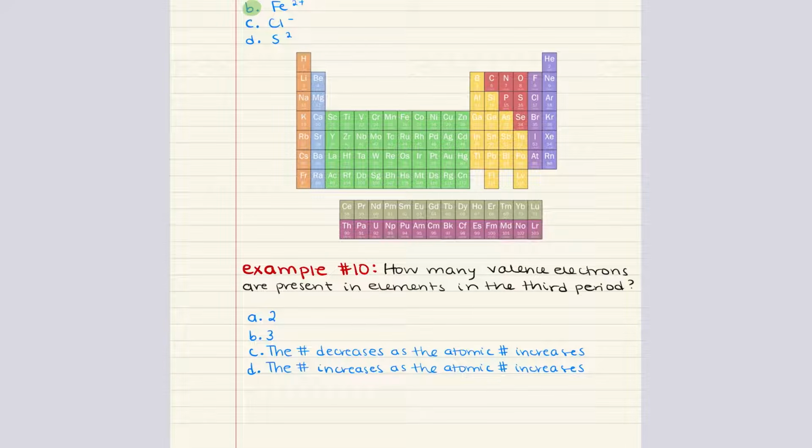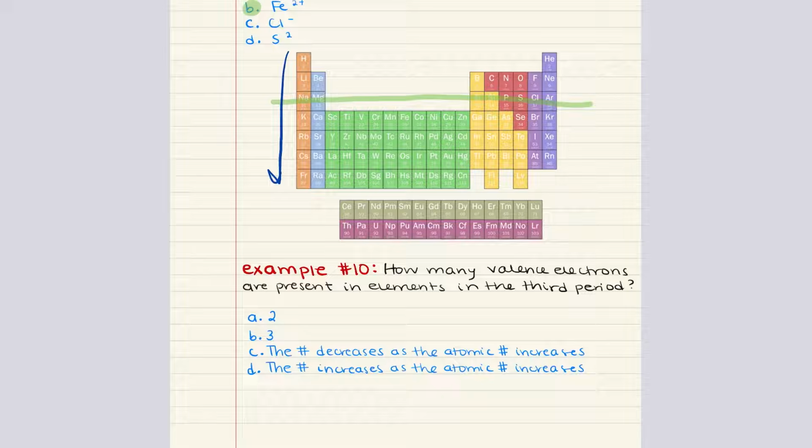Problem 10 says how many valence electrons are present in elements in the third period. So this right here is the third period, and this question is actually really easy if you recall that period refers to the rows in the periodic table, while groups refer to the columns on the periodic table.